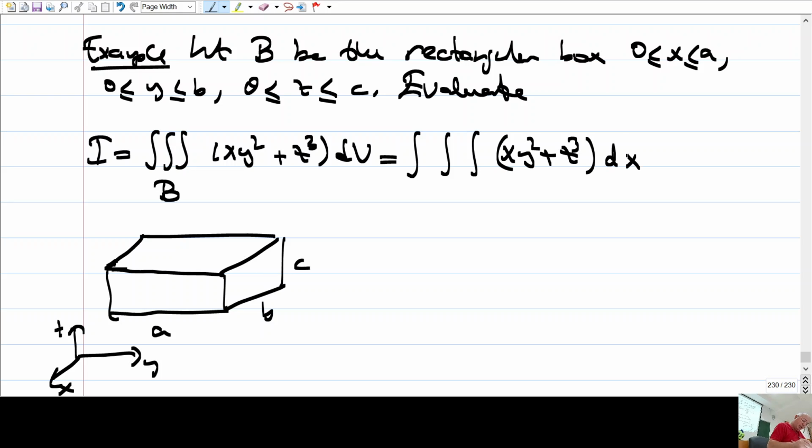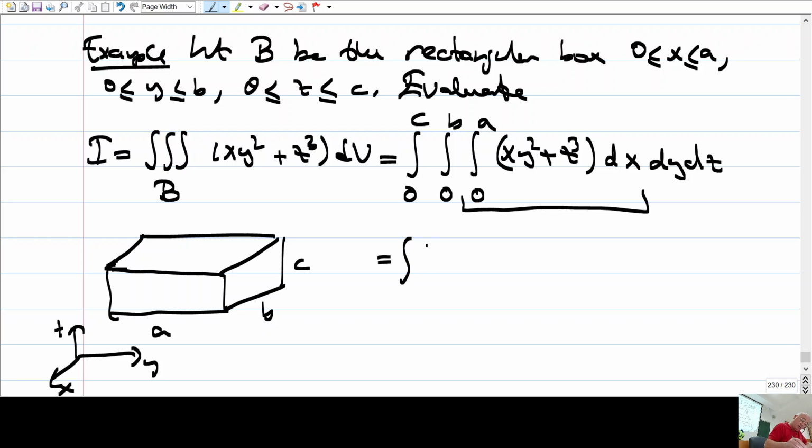Let's first integrate with respect to x and then y and then z. So x coordinate ranges from 0 to A, 0 to B, 0 to C, and this will be what? So I first integrate this with respect to x.